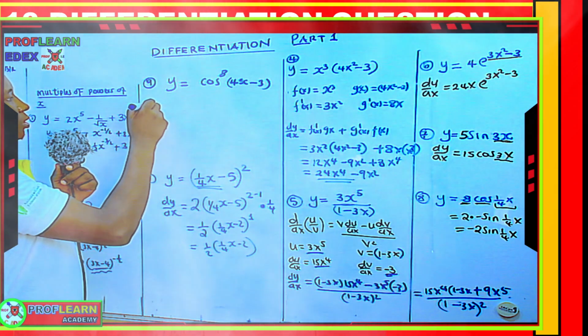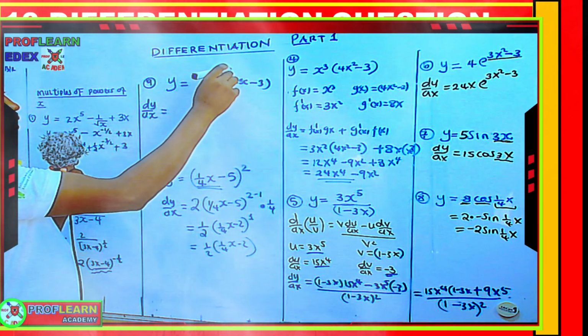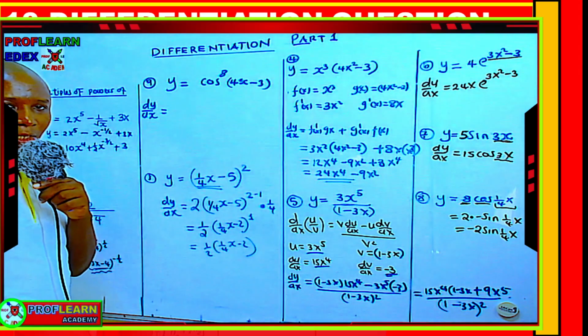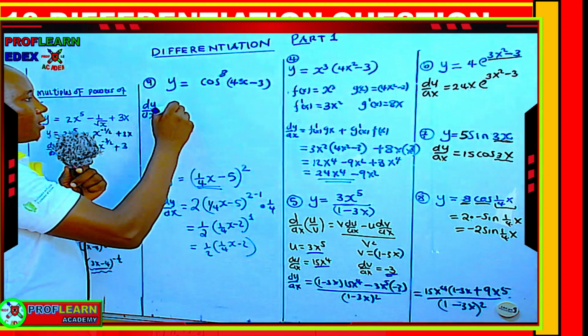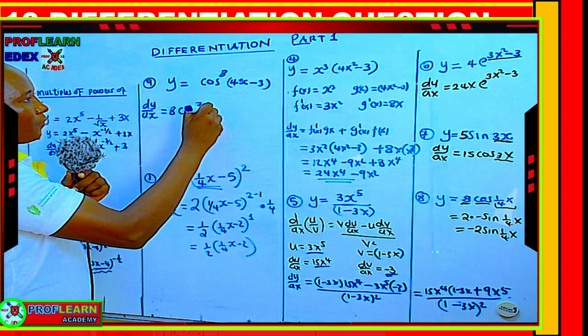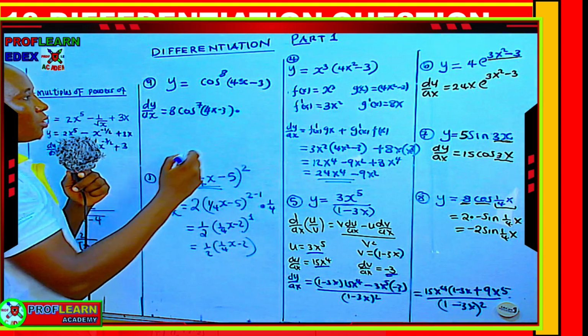So dy/dx: look at the power, don't look at what is inside. Differentiate normally using the power rule. This is going to be 8 cos^7(4x minus 3), the first thing you have to do.